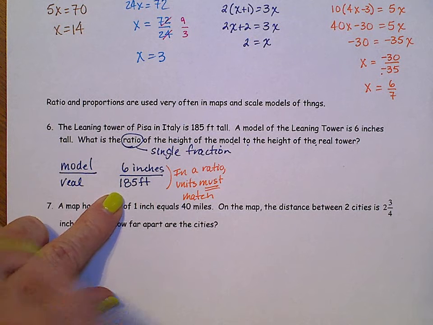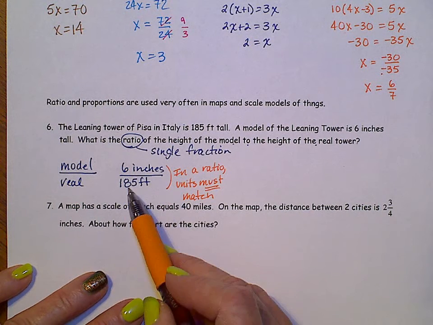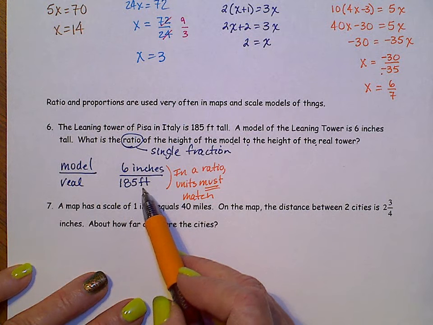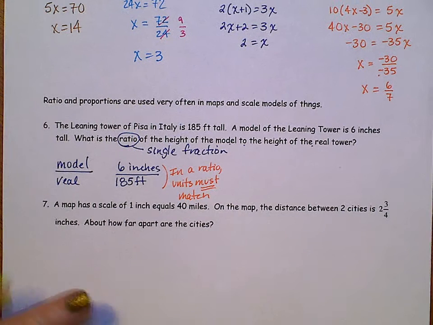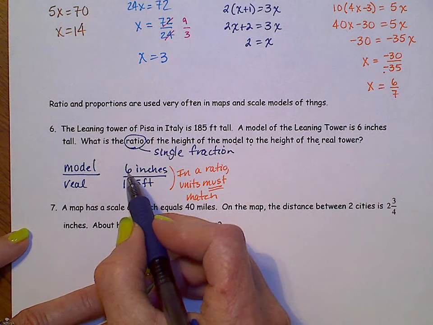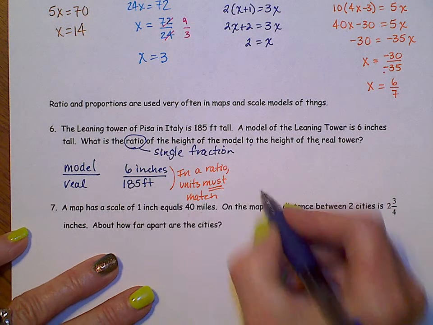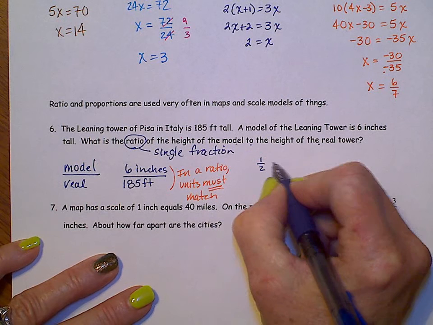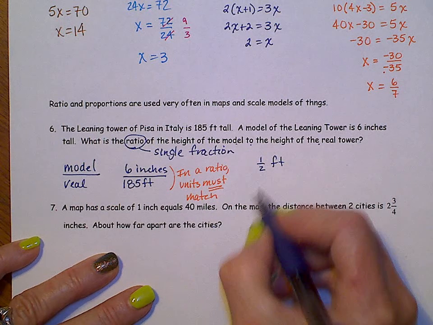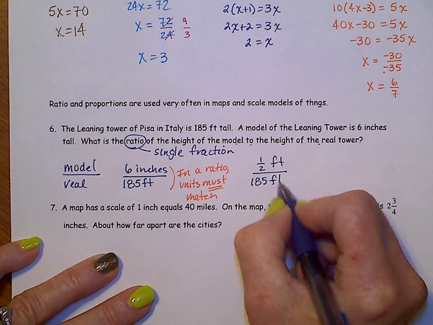So we need to either turn inches into feet or turn 185 feet into inches. It makes no difference which way you go. Personally, I probably would change this 6 inches into half a foot. So instead of 6 inches over 185 feet, I'm going to have 1/2 foot over 185 feet.